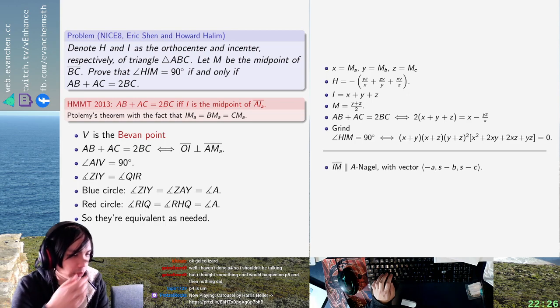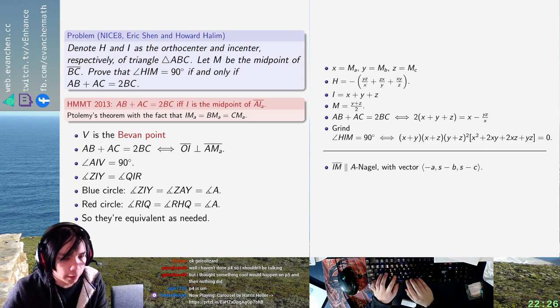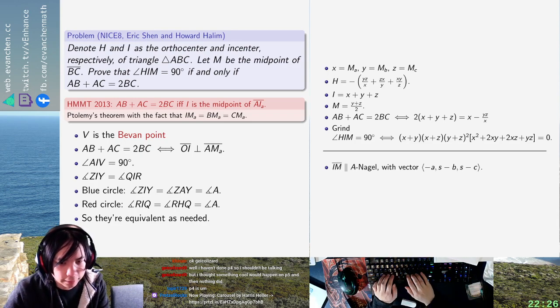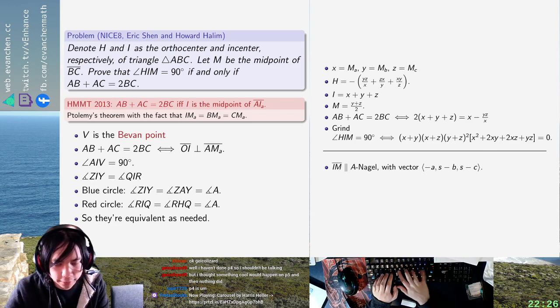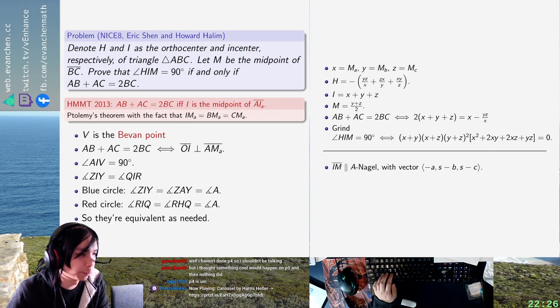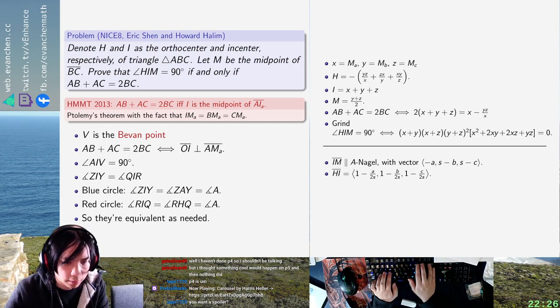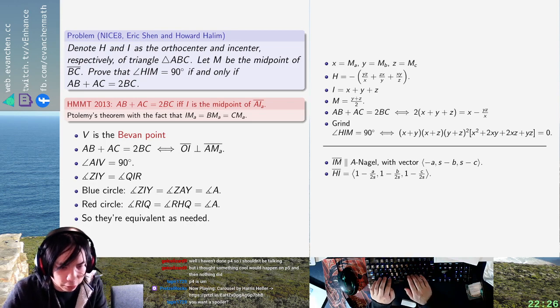Up to a constant. So it really should be this divided by A, but we don't care because we're checking perpendicularity. HI is the following vector. Unnormalized, it is 1 minus A over 2S, 1 minus B over 2S, 1 minus C over 2S. This is using the general situation where I'm exploiting the fact that vector H is vector A plus vector B plus vector C, where vector O is the origin.